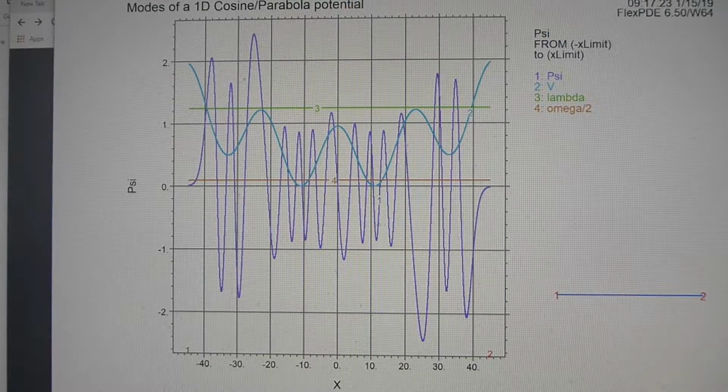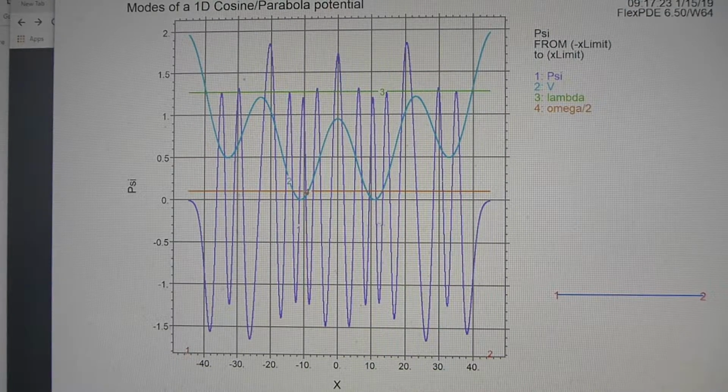Here we are again, where we've actually gotten a slightly greater population in the higher potential wells than in the lower. And here we are fairly evenly distributed for the potential wells. By the way, the classical turnaround point is right here, where the green line intersects the potential, and you don't see the infinite value of the Schrodinger wave at that point.